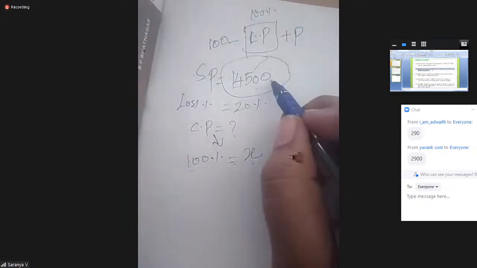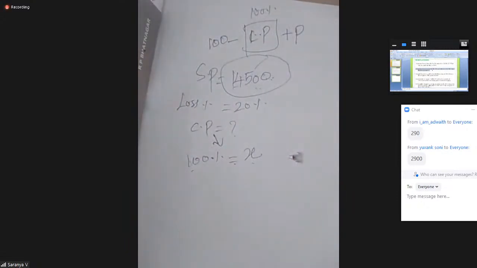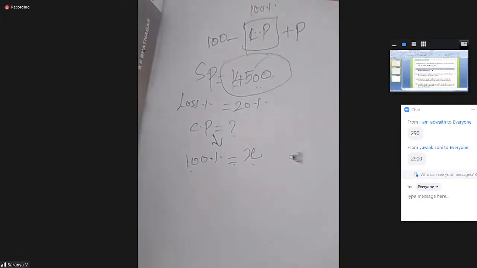Therefore, this given amount 14,500 is how much percentage? 100 minus 20.